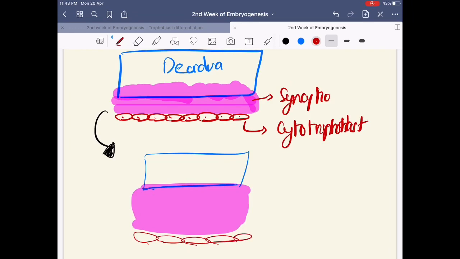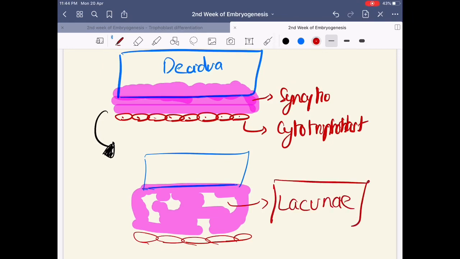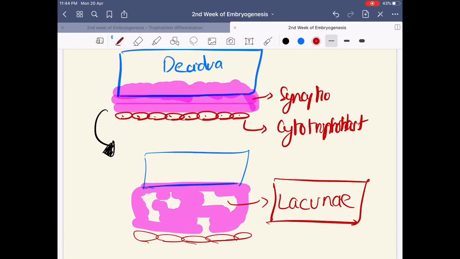Now there are certain cavities that are going to form inside the syncytium, and these are called lacunae. Hope that is clear.